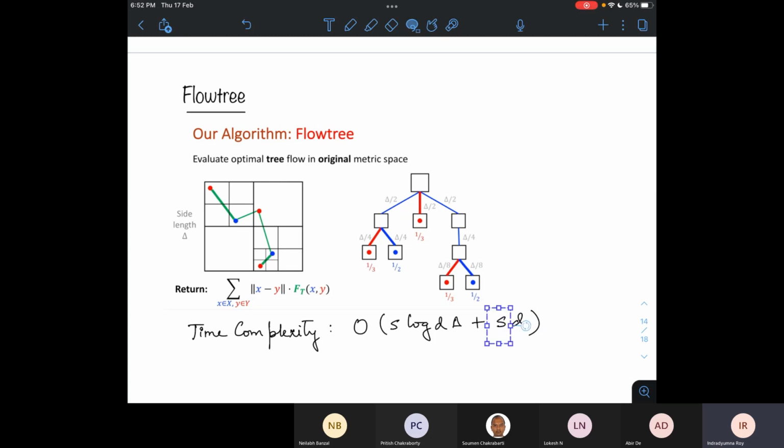And you have to do it s times. Given two sets of s items, every time you match one item with the rest, let's say you have a demand set and a supply set, either the demand is completely fulfilled or the supply is completely exhausted. So every time you match, you eliminate one of the 2s possible items. So there are at most order s such distances to compute, and so the time complexity is given by this.